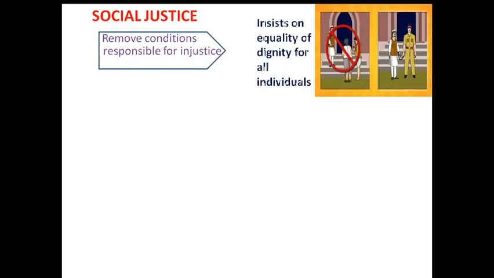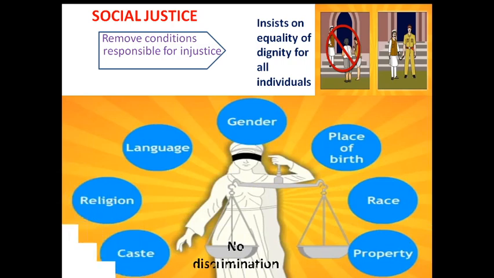How will you establish social justice? First, we should remove the conditions that are responsible for injustice. Secondly, we should insist on equality of dignity for all individuals. Thirdly, there should be no discrimination based on caste, religion, language, gender, place of birth, race and property.